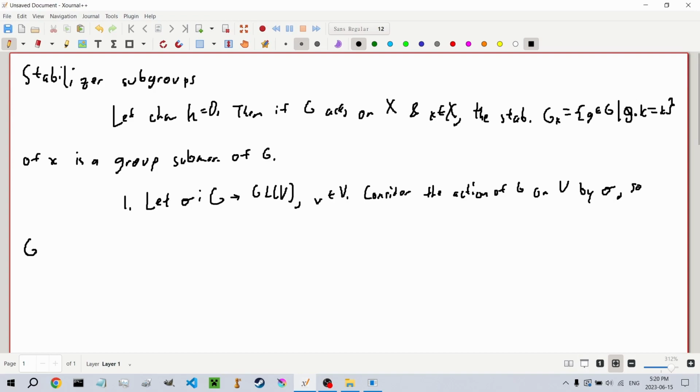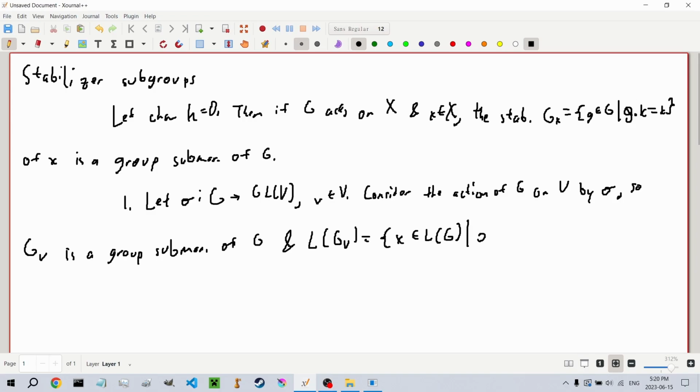So the stabilizer of our chosen v is a group submanifold of G, and the Lie algebra of G_v is the elements x of L(G) where sigma bar of x of v is 0.